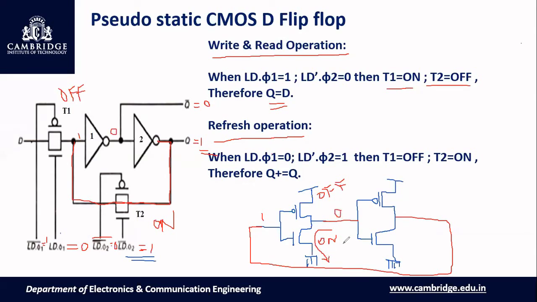Wherever you see at the output or at the input, there will be parasitic capacitance. That parasitic capacitance will be holding the data. Understood? In analog circuits, we use a resistor as a load, whereas in digital circuits, we use a capacitor as a load. It is nothing but the parasitic capacitance obtained from the input or at the output.